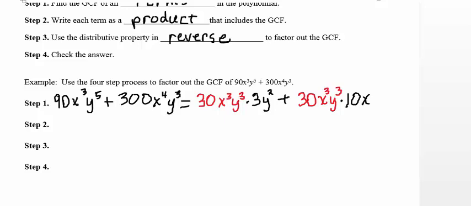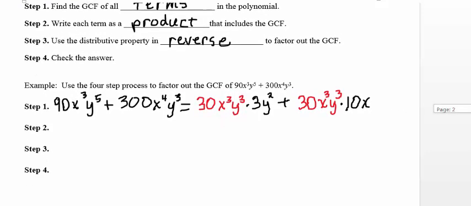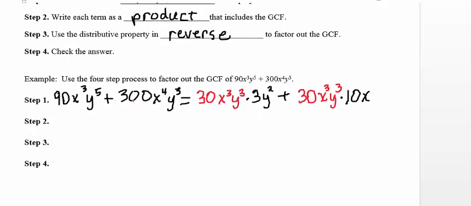So I see I have this common GCF factor of this expression that I've written, where I have the GCF written in red. So I've actually written, really I've done step 1 and step 2 here.